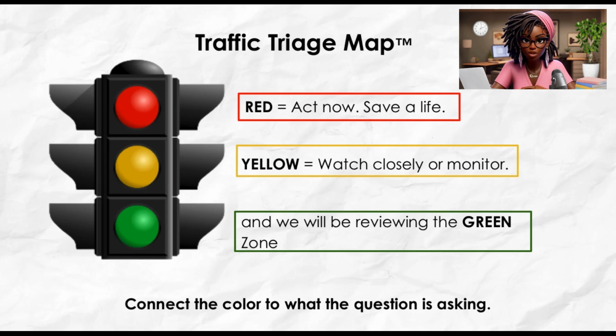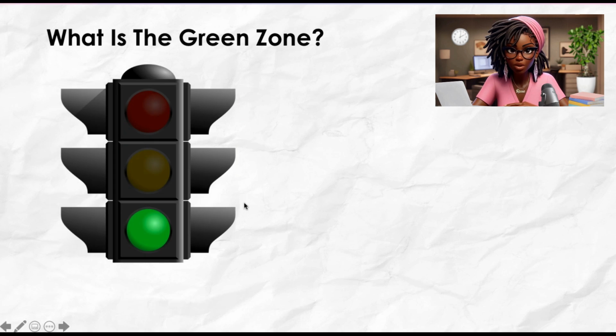If you haven't watched the previous videos of this series yet, please pause and go back, because today we're building on those concepts. Knowing how to spot a green zone task only makes sense when you know what urgent looks like. The green zone is where the patient is stable. The task or situation is predictable, and there's no need for your RN judgment at the moment.